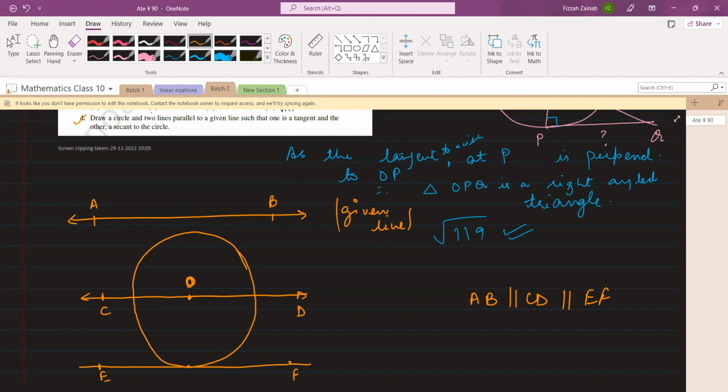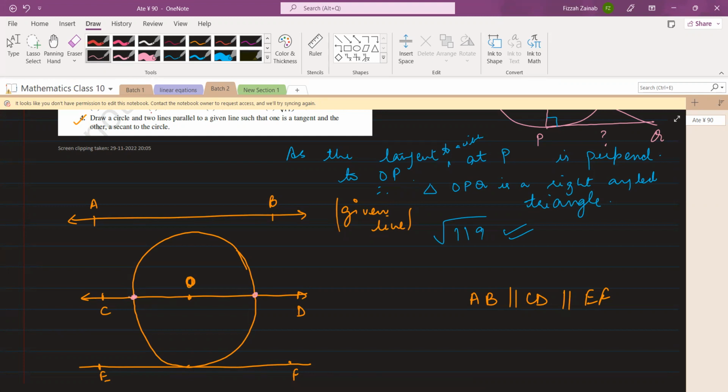Ma'am, can the diameter also be considered as a secant? Yes, it is the longest secant possible because it satisfies the definition that it intersects the circle at 2 points. No, actually, see, there's a difference between a diameter and a secant. Diameter starts from here and ends here, right, Harsha?